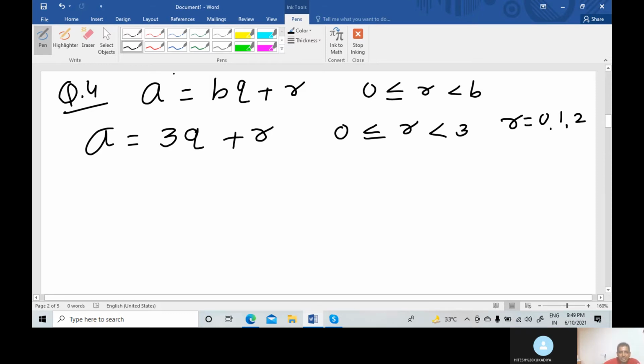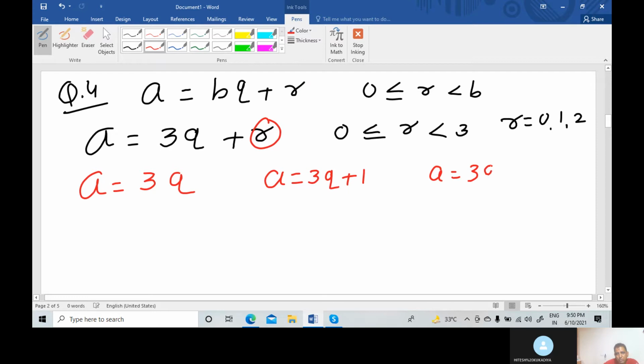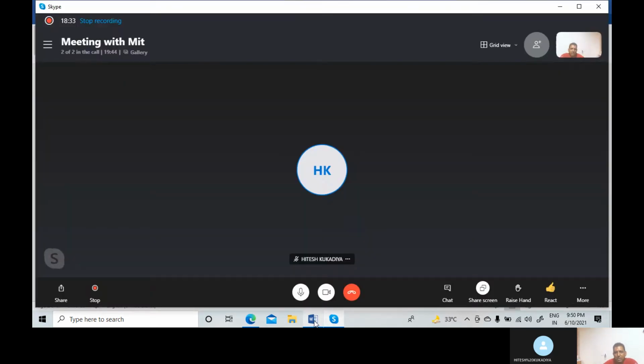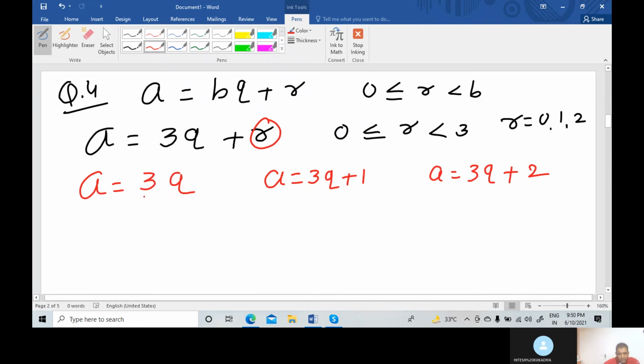Now place the different values of r. Put r equal to 0, so a equals 3q. a equals 3q plus 1. Then the last value, a equals 3q plus 2. Clear? Here q is the quotient.